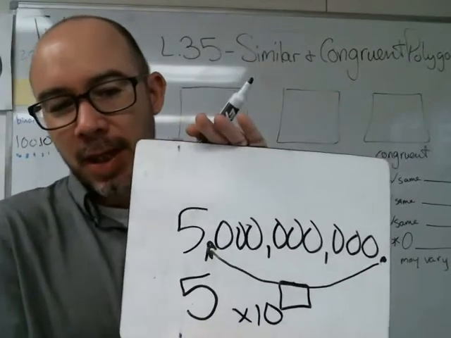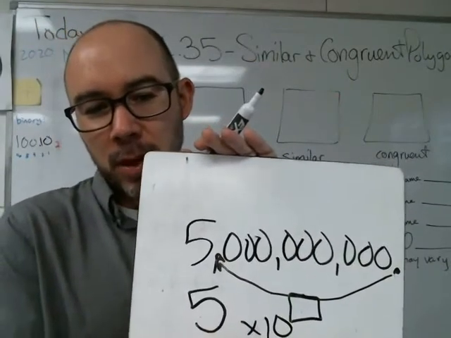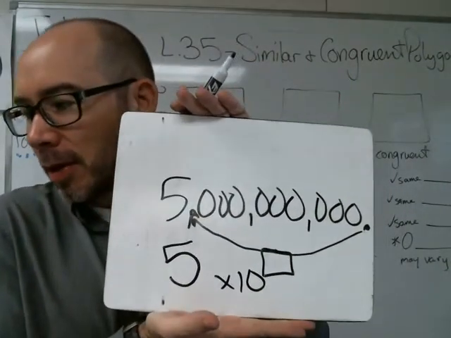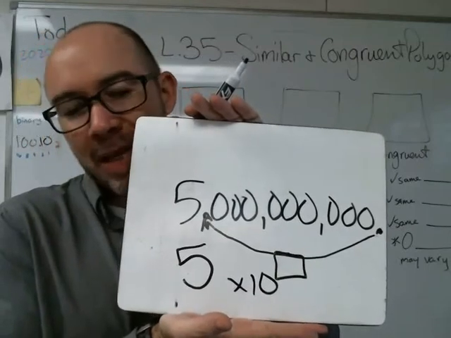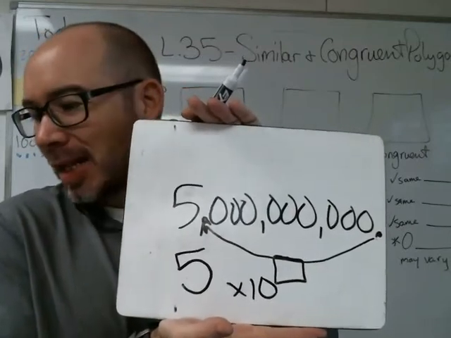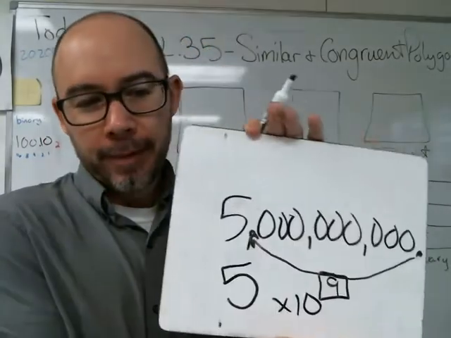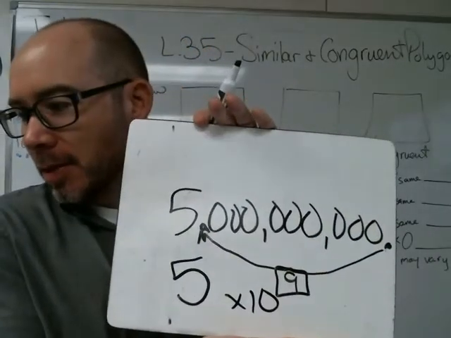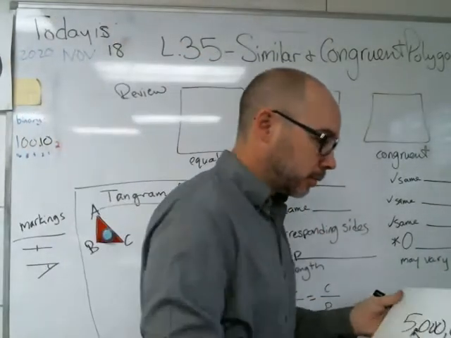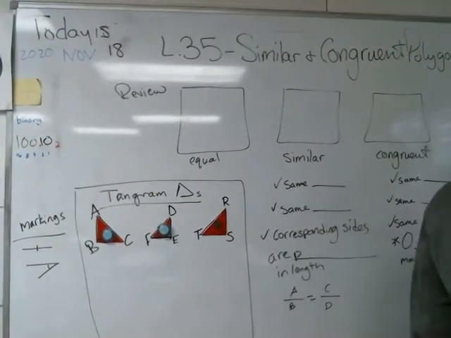So we have 5 times 10 to the something or other. Okay, how many decimal places do we have to move it? 9. 9 stinking zeros there. Okay. All right. 5 times 10 to the 9. Scientific notation.